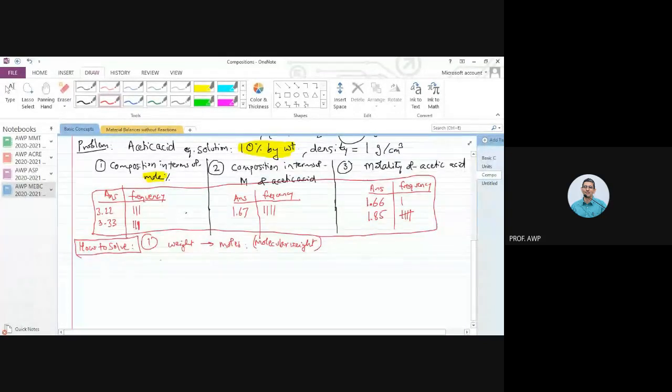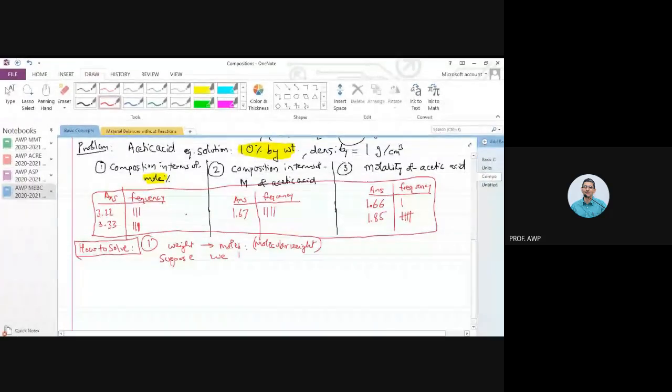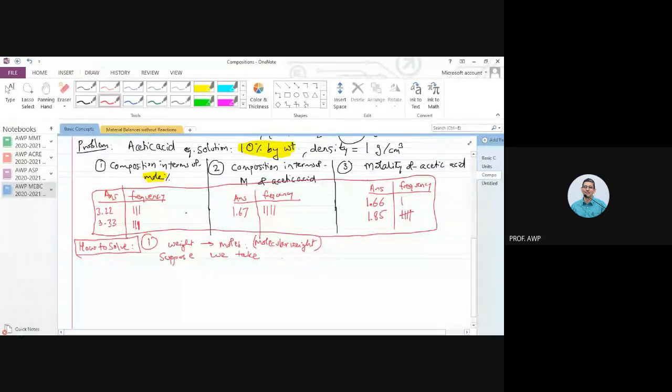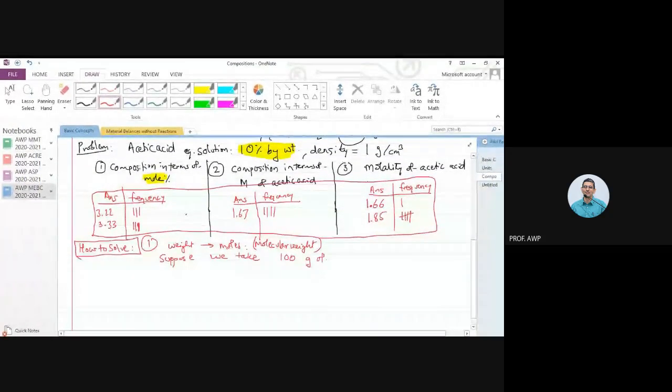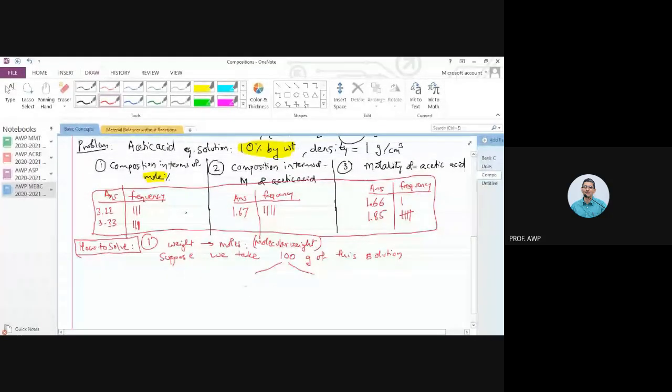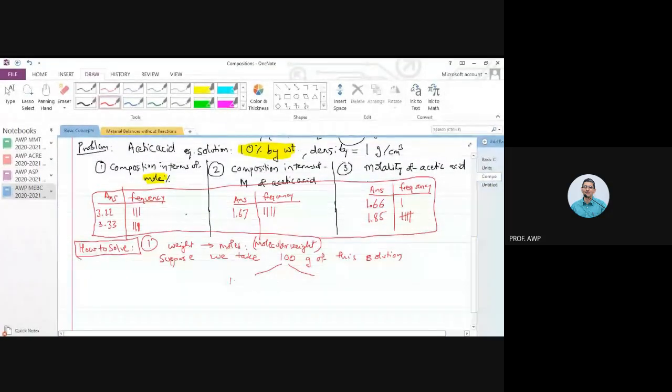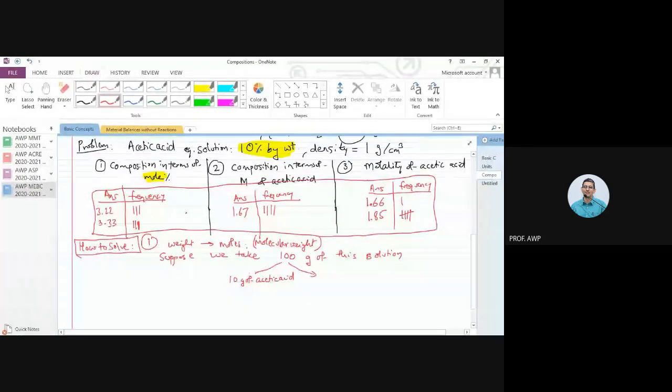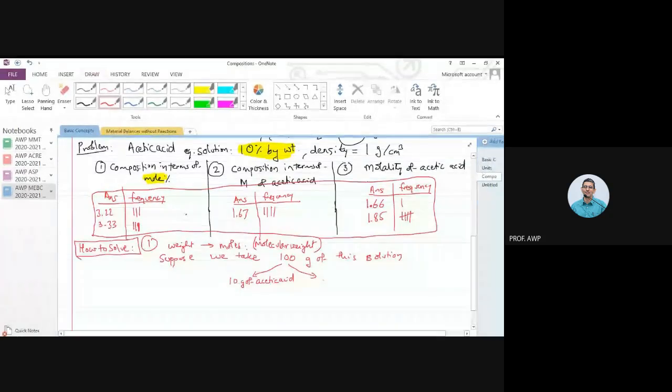So suppose we take 100 grams of this mixture, or 100 grams of this solution. Out of this 100 grams, we would have 10 grams of acetic acid, because it is a 10% by weight solution, and 90 grams of water.